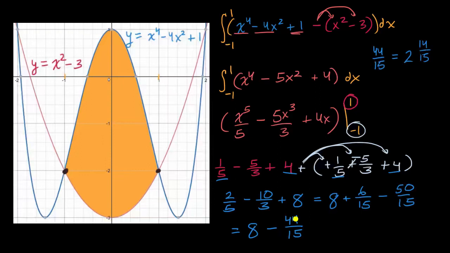We're going to subtract 2 and 14/15. So if you subtract 2 from this, you would get 6 minus 14 over 15, because we still have to subtract the 14/15. And then 6 minus 14/15 is going to be equal to 5 and 1/15. So just like that, we were indeed able to figure out this area.